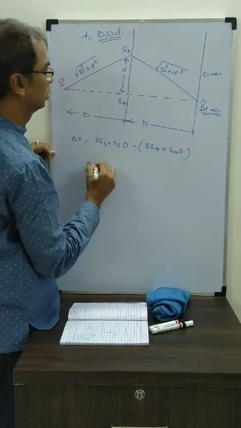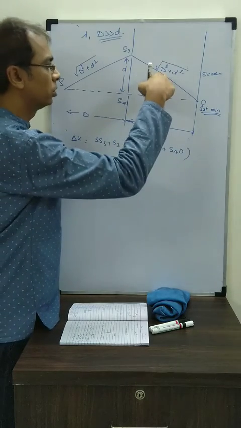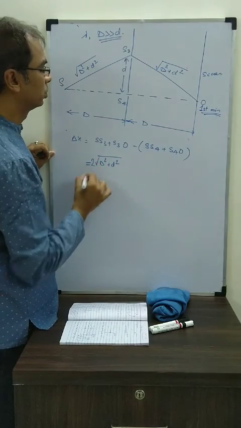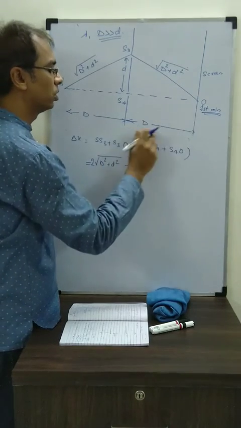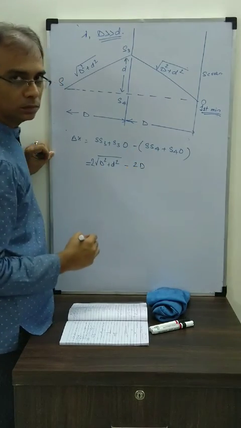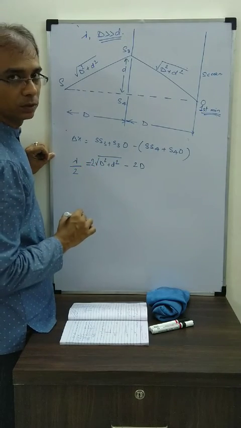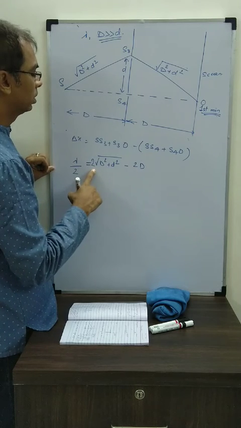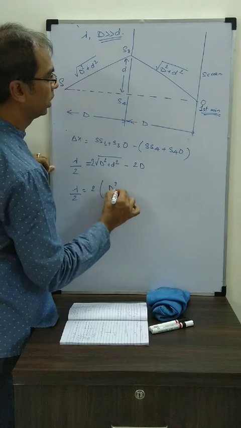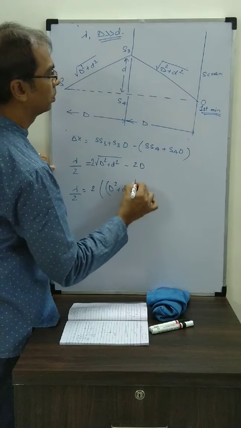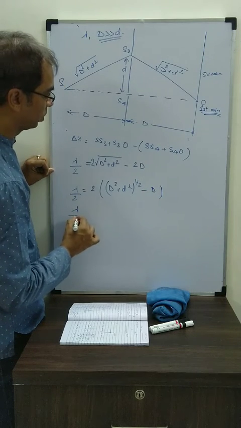We can see here root over D square plus d square, plus S3O also root over D square plus d square, so 2 times that, minus SS4 which is D, S4O is also D, so minus 2D, and this is all equal to what for first minima? Lambda by 2. Okay, take 2 common over here. Lambda by 2 is equal to 2 times (D square plus d square) to the power 1 by 2 minus D. This 2 you can bring over here, that's lambda by 4 equal.